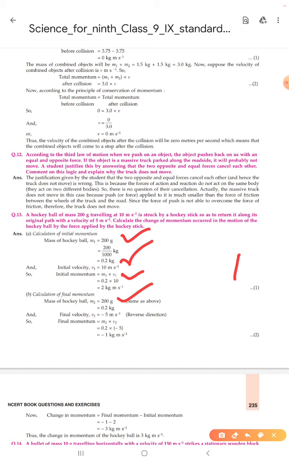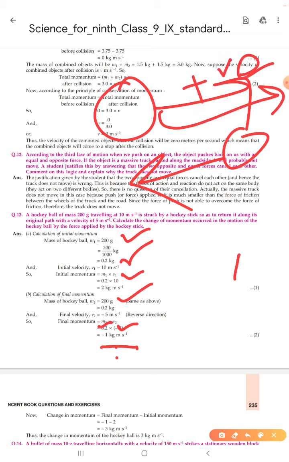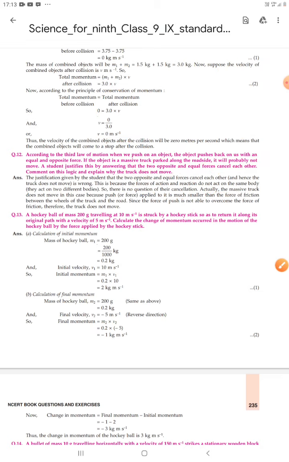So the final momentum, mass times velocity, by multiplying that we will get 1 kg meter per second. But as I already discussed, one object is moving in this direction and the same object is now moving in this direction. If I am taking this side as positive, I should take this side as negative. So we get momentum after collision, which should be negative, minus 1 kg meter per second.